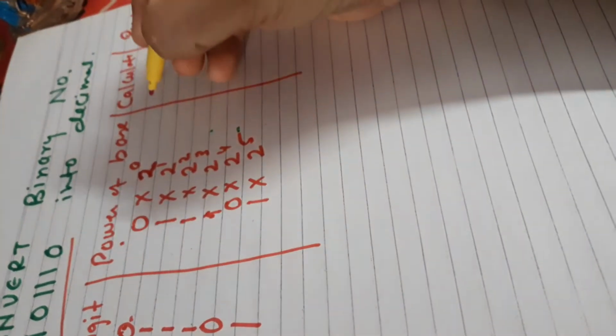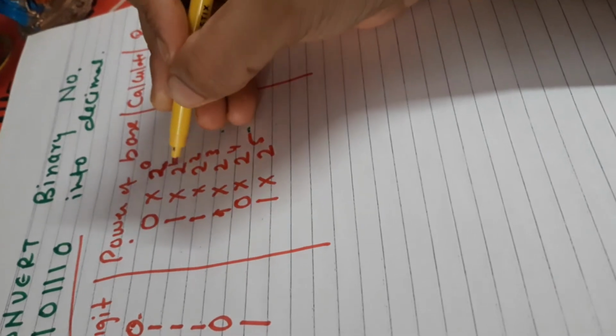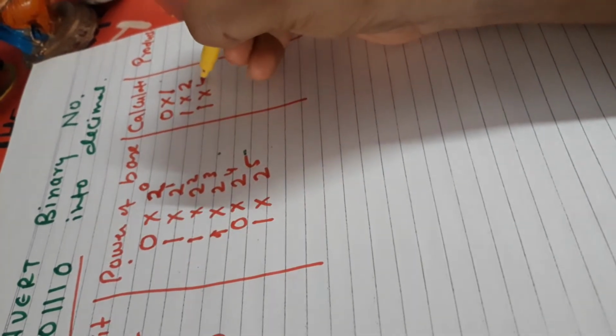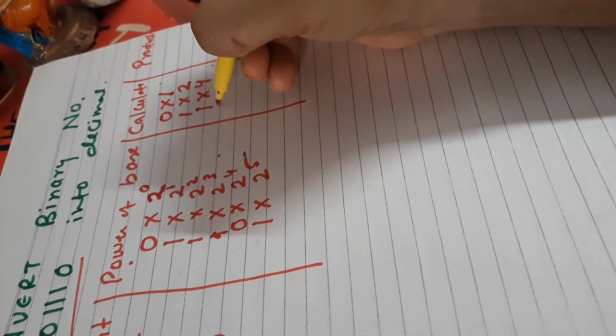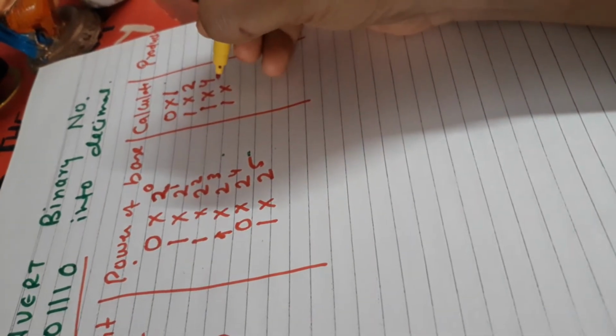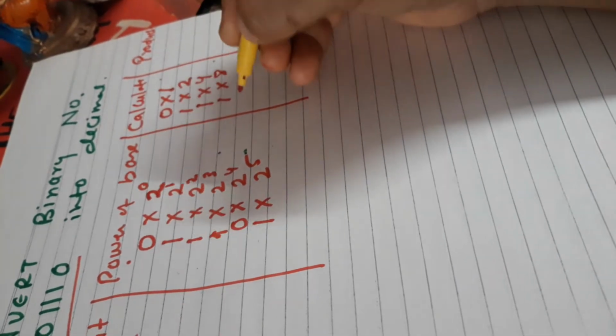It means 0 into 1. Then 2 to the power 1 is 2 only. Then 2 to the power 2 is 4. 2 to the power 3 is 2 2s are 4, 2 4s are 8. 8.